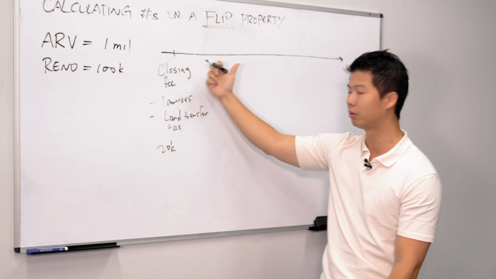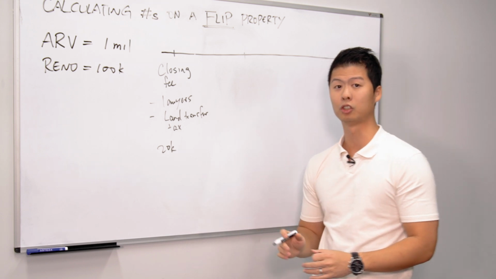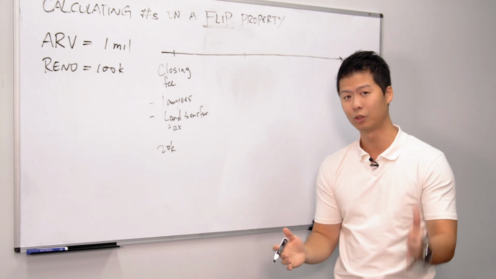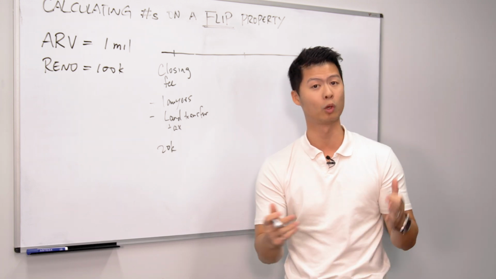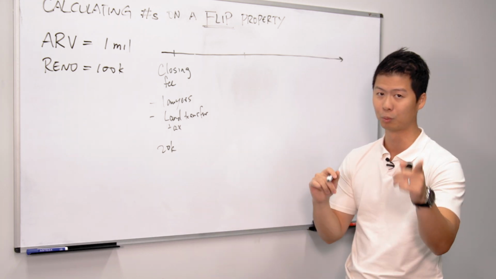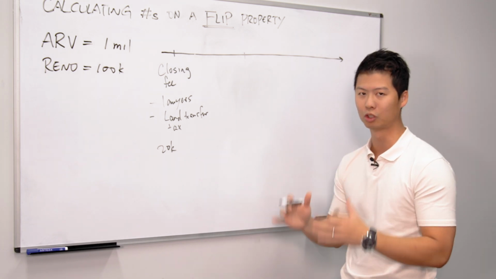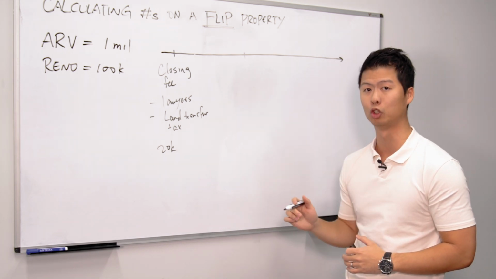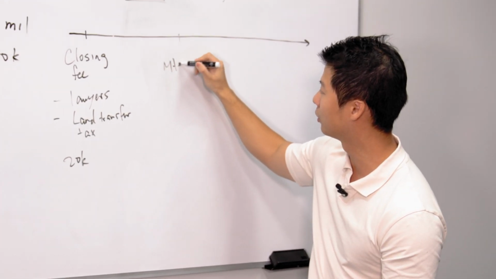Now, as you're going through the entire project, what's next? The next thing that you want to pay attention to is the carrying cost. Carrying costs includes the TMI, tax, maintenance, insurance, as well as utilities, and the most important thing is your mortgage payment. The mortgage payment is one thing that we usually pay a lot of attention to because this will really chew up your margin. So let's use the numbers here. Let's start with the mortgage.